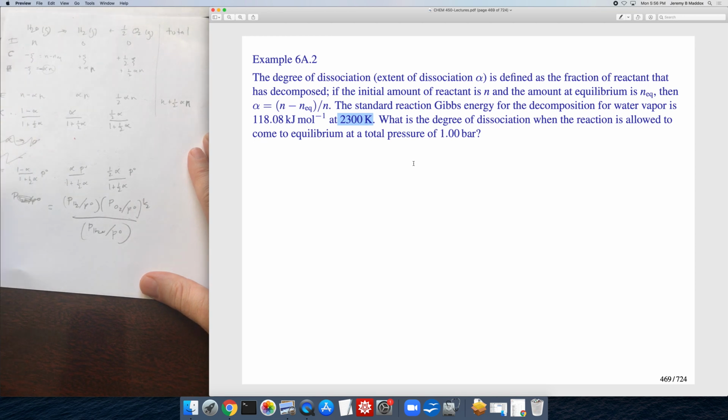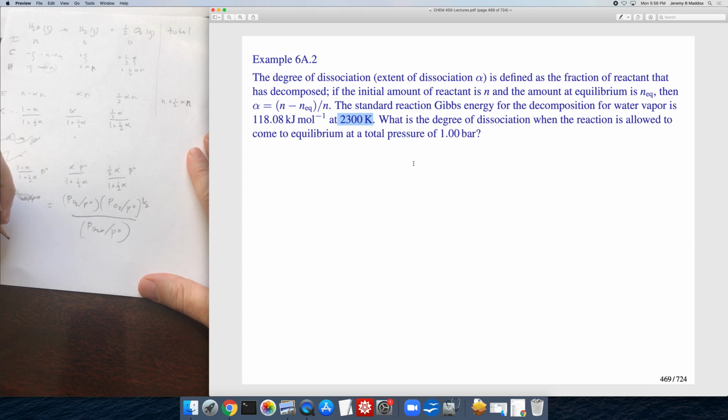This is the equilibrium constant expressed in terms of the partial pressures. We have the partial pressures expressed in terms of the extent of dissociation, so we just make the substitutions.